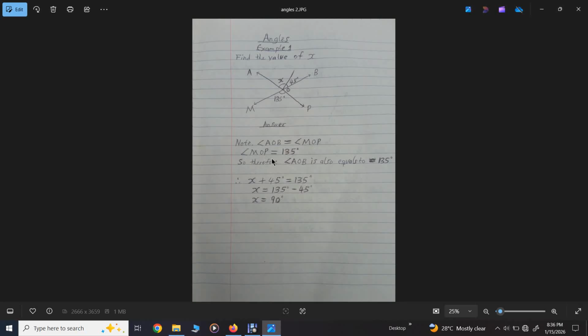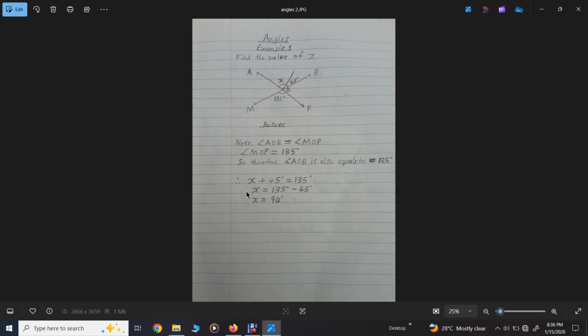Angle MOP is equal to 135 degrees. So therefore, angle AOB is also equal to 135 degrees because they are the same. The angles look the same, so this total angle is equal to this angle. These angles have the same value here.